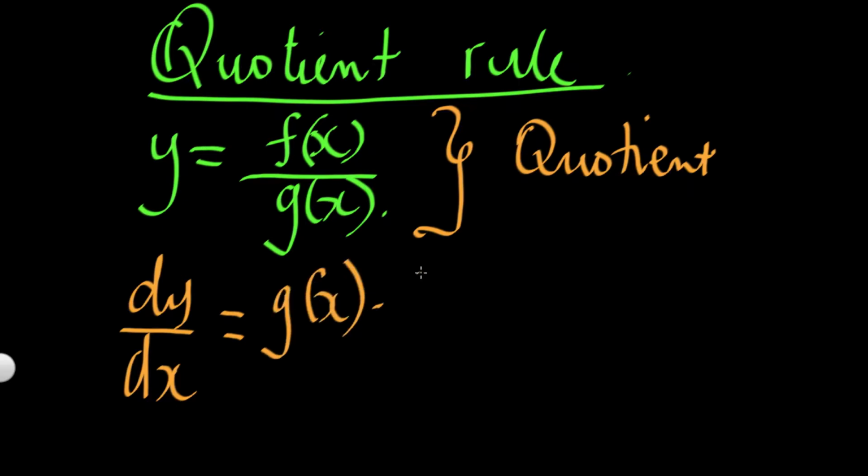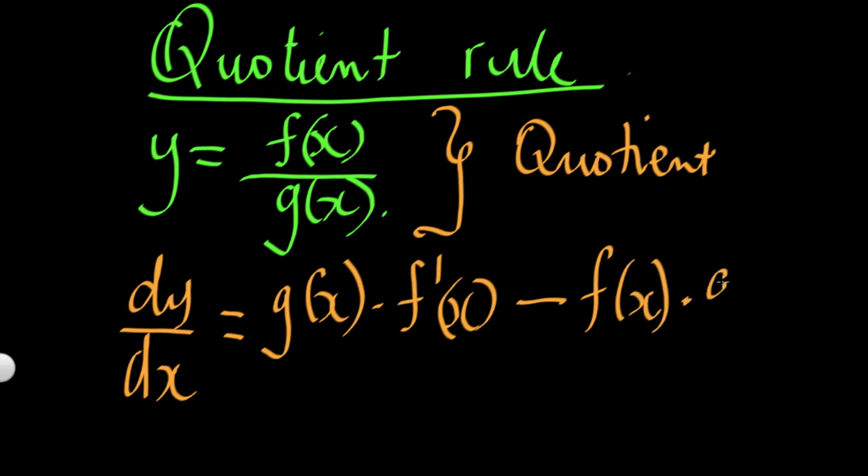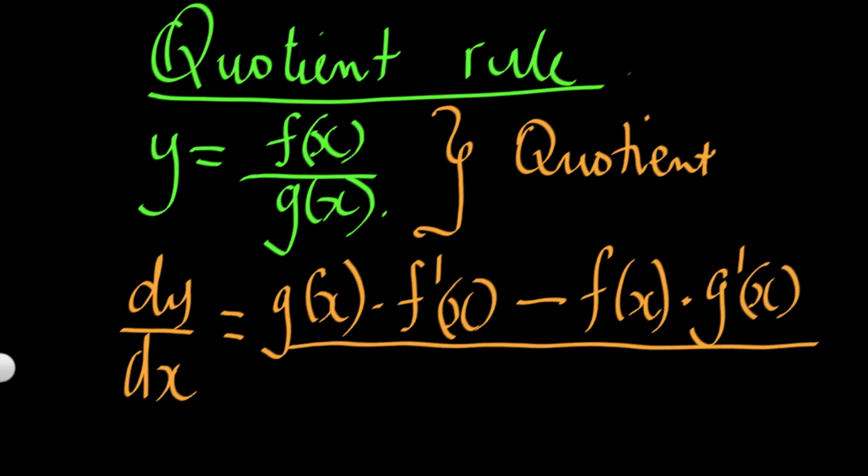You multiply this by the derivative of the numerator, then you subtract f of x as it was, multiplied by g prime of x, all over g of x, all of this squared. This is the formula for the quotient rule. If you have a quotient, you apply this formula.